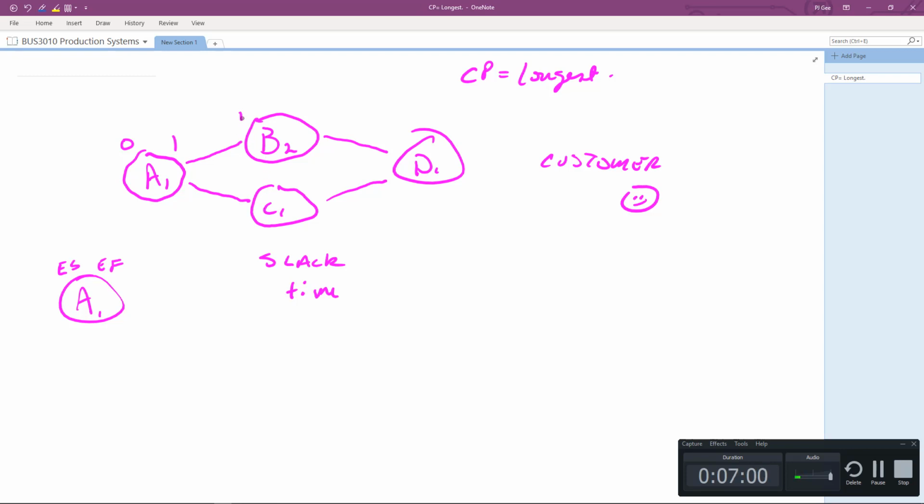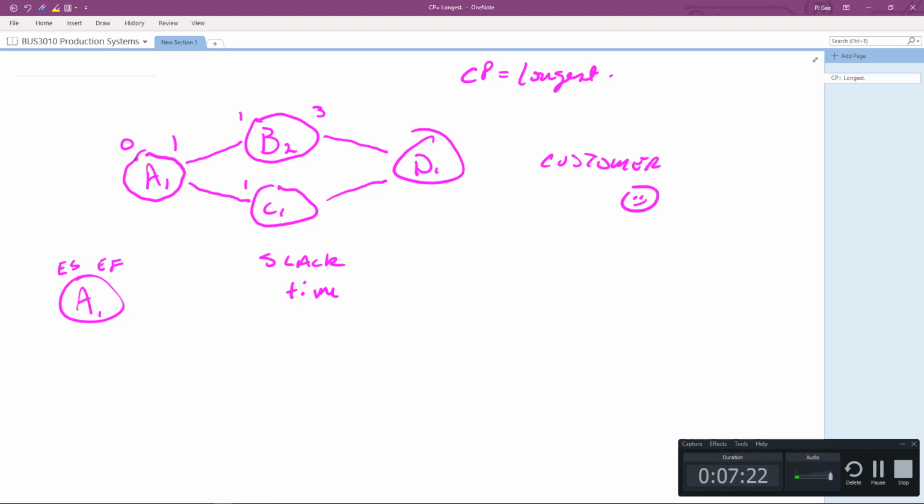So you're going to transfer the fact that B and C both start at week 1. So that's just going to be the same numbers there. We're drawing these across the top of all the bubbles in the network. So we start at the end of week 1, and 1 plus 2 weeks is going to be 3 weeks. So it takes 3 weeks to get all the way through A1 to B2.